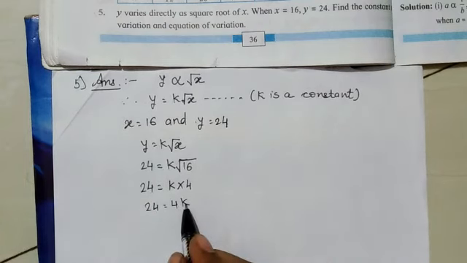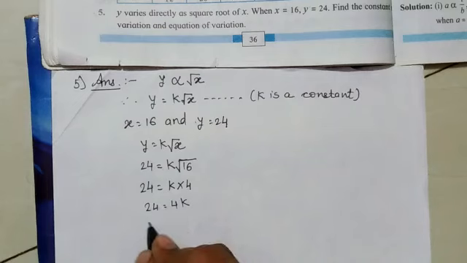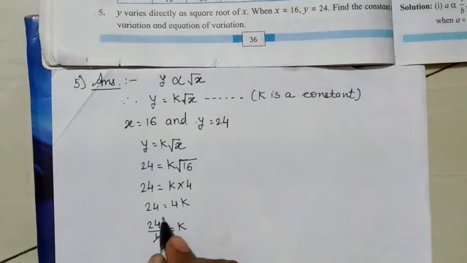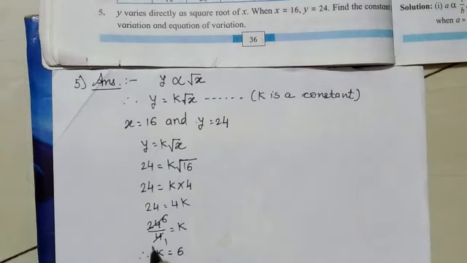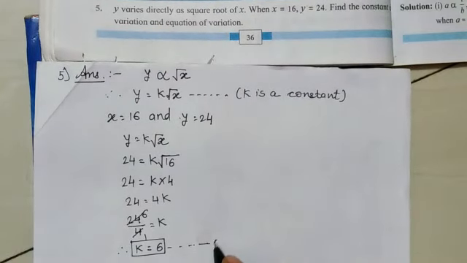Now this 4 is multiplying the k, so while going to the opposite side, it will be divided, right? So 24 upon 4 is equal to k. 4 ones are 4, 4 sixes are 24. Therefore, the value of k is equal to 6, which is the constant of variation.